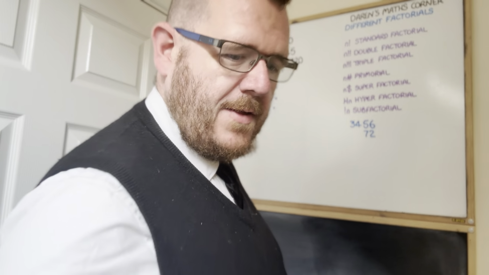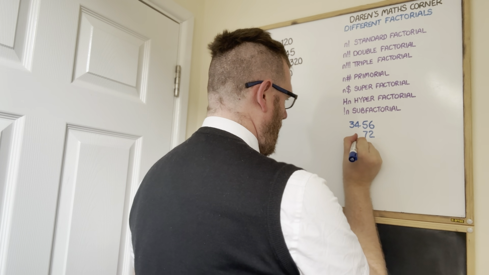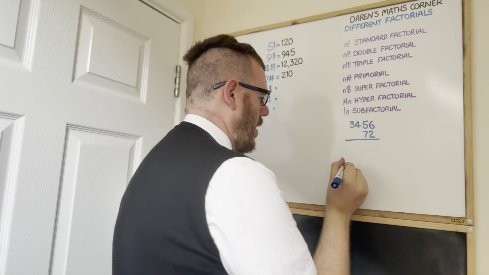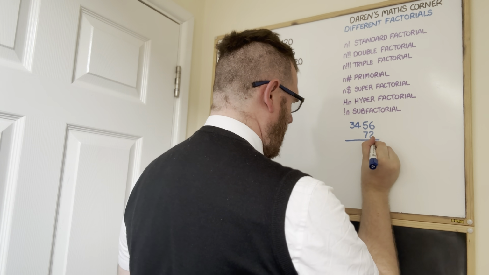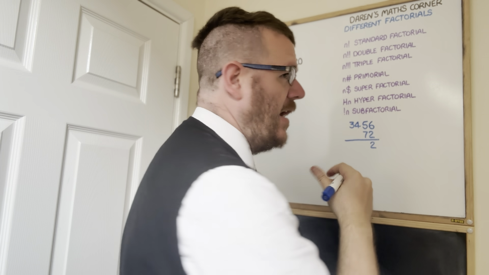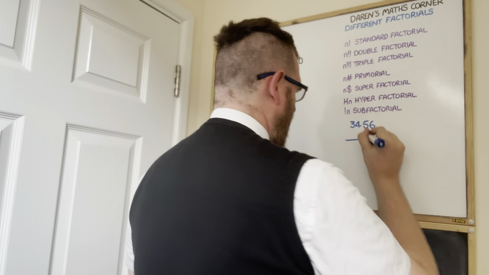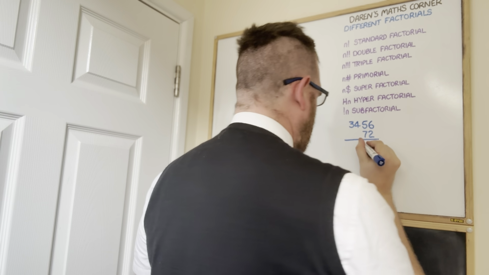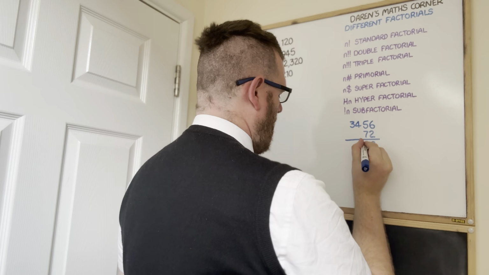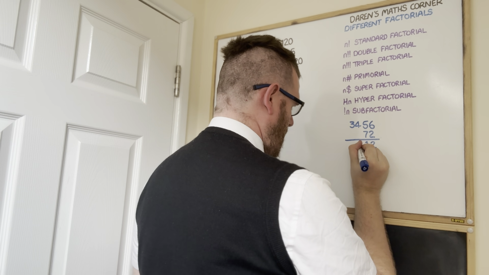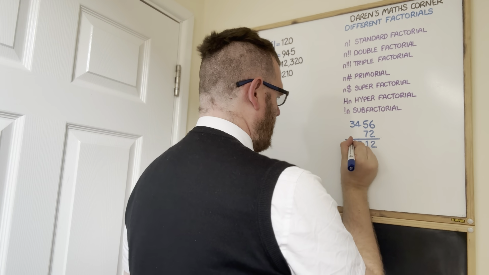So we'll do 3,456 times 72. And then you've got 12. I suddenly forgot that was only 5. And then you've got 10 plus 1. 4 times 2 is 8, add 1. And 6.